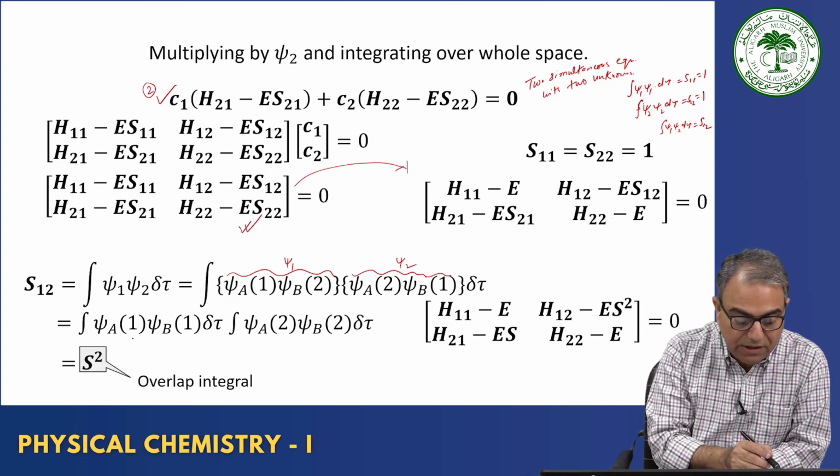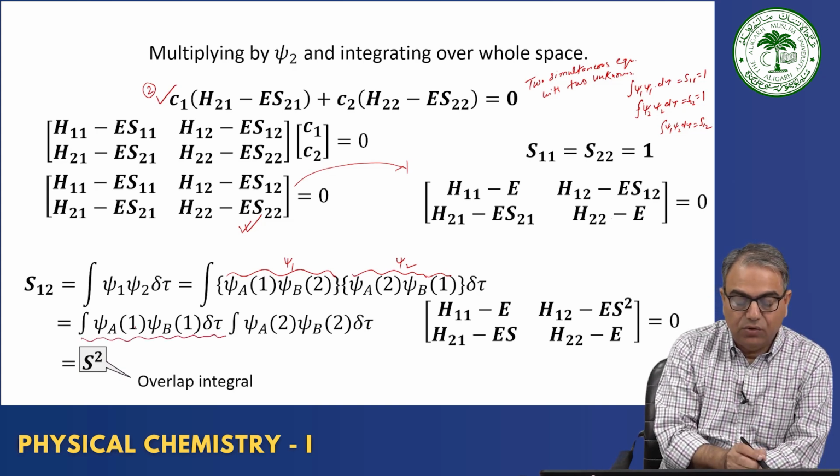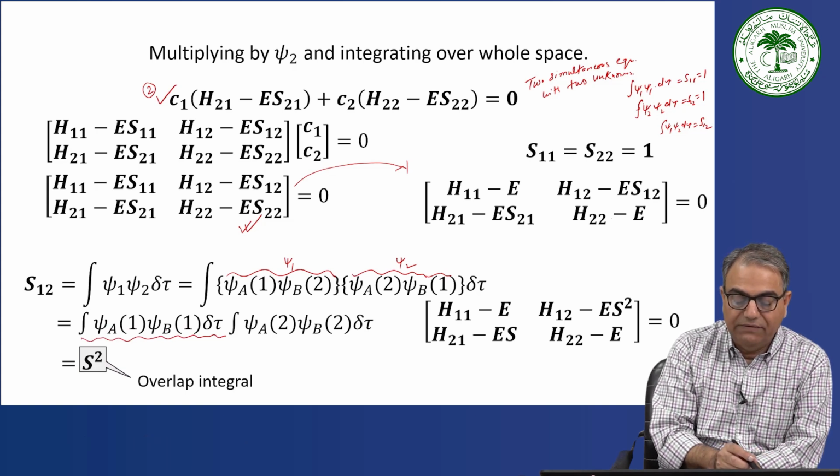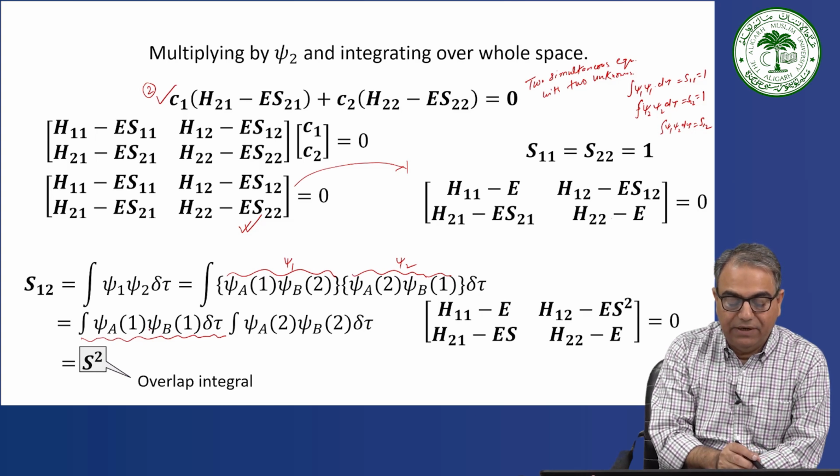Now what happens if you look at this first integral? Electron 1 is with nucleus A and electron 1 is again with nucleus B also. So these psi A1 and psi B1 are not of the same system. They belong to two different systems.